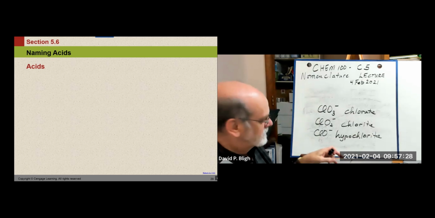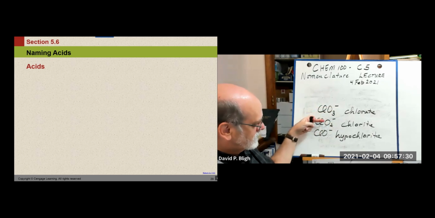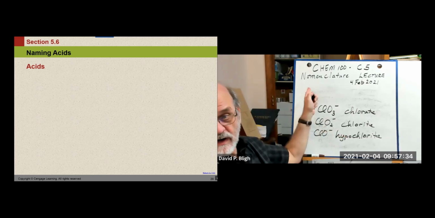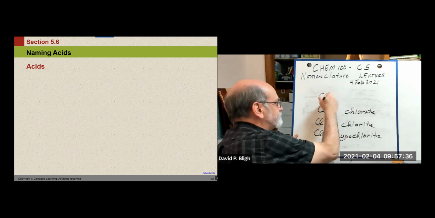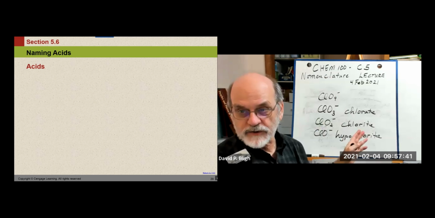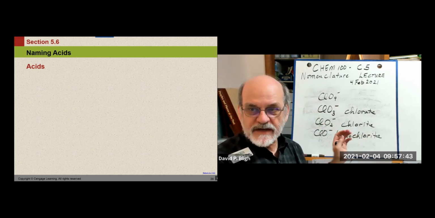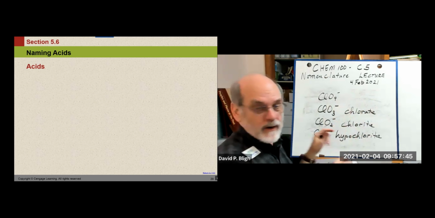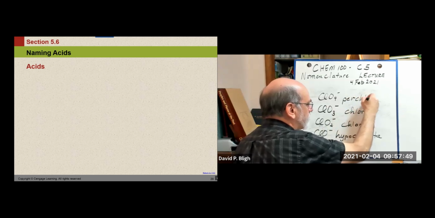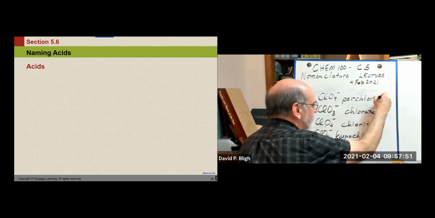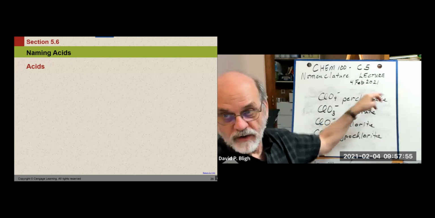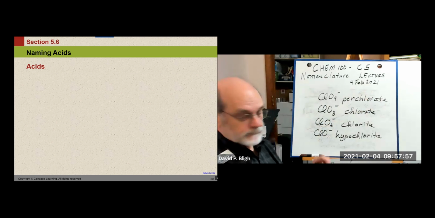So we have chlorate, chlorite, hypochlorite. We can go the other direction, but we need a prefix here also. And the prefix that says above or more than is per. So it's one above the chlorate, perchlorate. Okay.